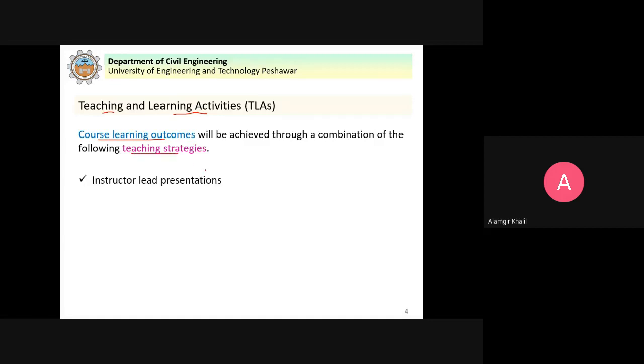Teaching learning activities. The course learning outcomes will be achieved through a combination of the following teaching strategies. There will be instructor-led presentations. There will be classroom discussions in the form of question and answer.